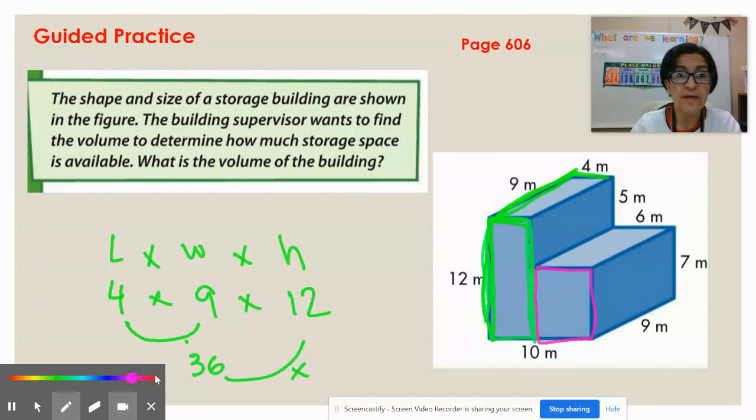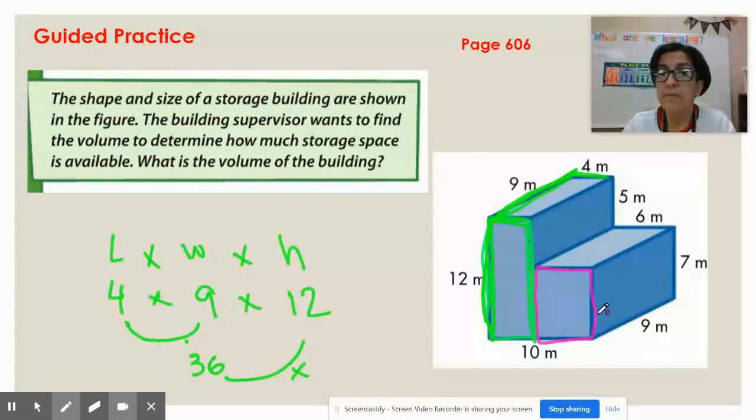Now you go and you try the pink one. The pink one, look at, you have three measurements here. Could they be the three you need? So this could be one, the length, the height, or the width, the height.